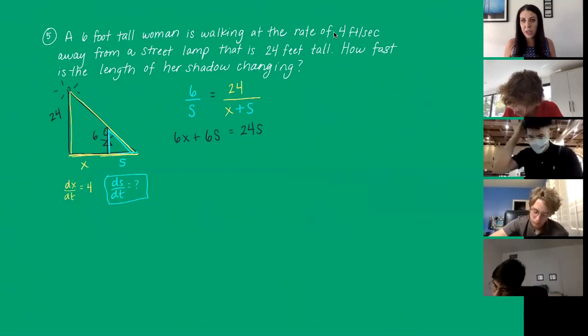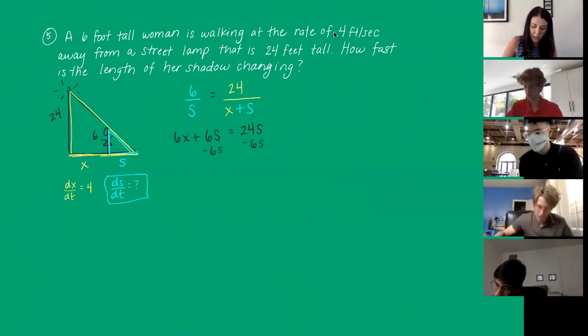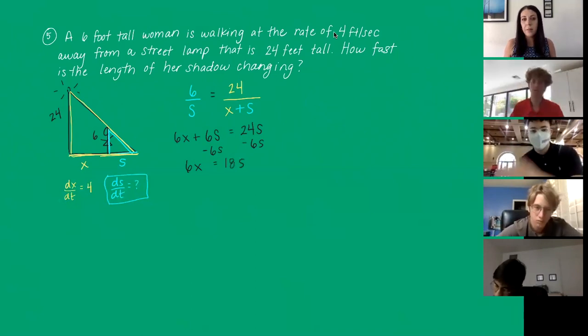Already that's a much easier thing to take a derivative of, but we can go even further by combining like terms. If I subtract the 6s over, I get 6x is equal to 24 minus 6, so 18s.